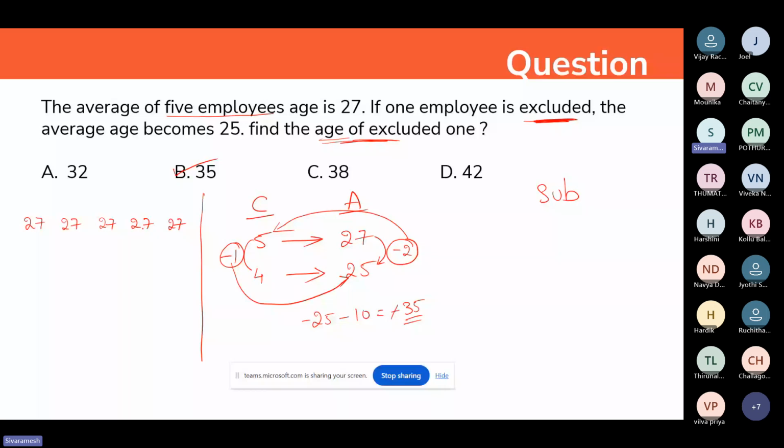Now one employee is excluded. Just imagine when one person is leaving, if he takes as it is the 27 chocolates he has, the remaining 4 members' average won't change, correct?